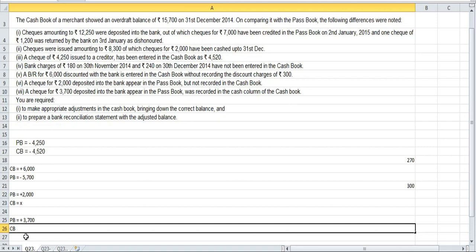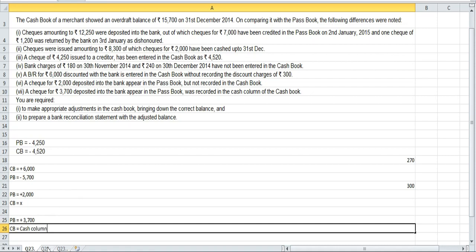But in the cash book, we were supposed to write in the bank column, but where have we written? We have written in the cash column. That means we have not deposited. We have received the cash which is in our office, but that is not what we have done. It is deposited in the bank column.